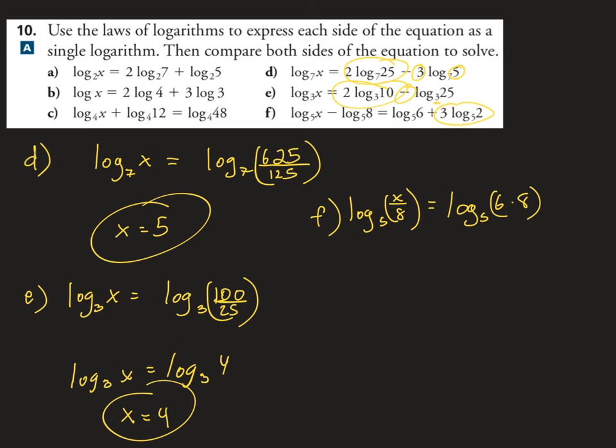And so x over 8 equals 6 times 8, which is 48. And so x equals 48 times 8. 8 times 50 would be 400, so 8 times 48 must be 384.